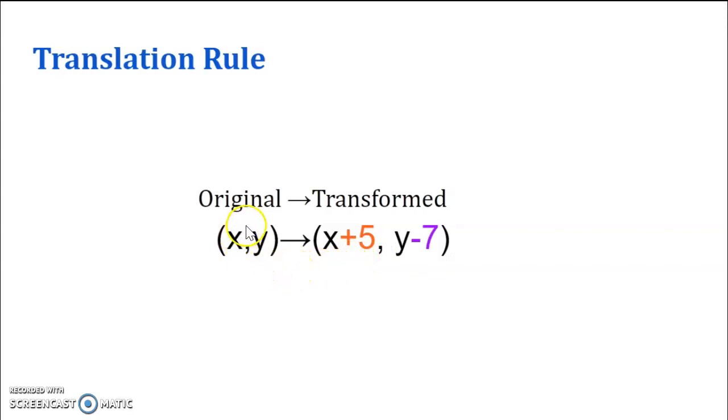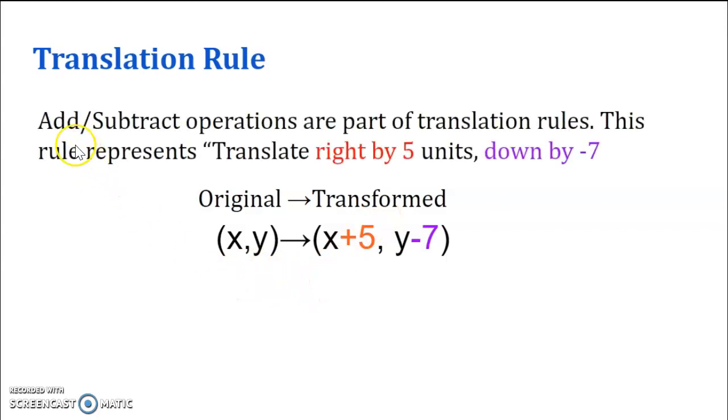So when you have original to transformation notation like this, the adding and subtracting operations are part of the translation rule. This rule represents translate right by 5. That means x plus 5, the x coordinate tells you the horizontal position. So it moves left and right, just the way the axis goes horizontally.